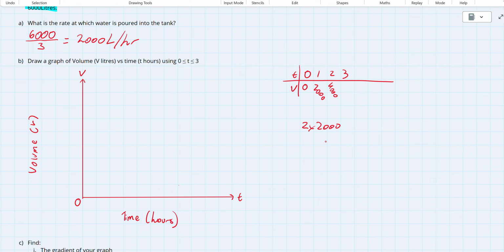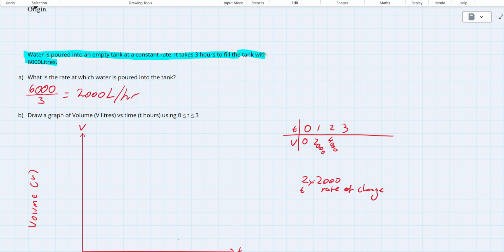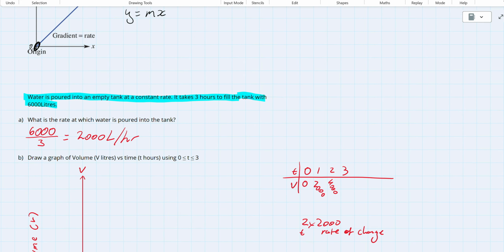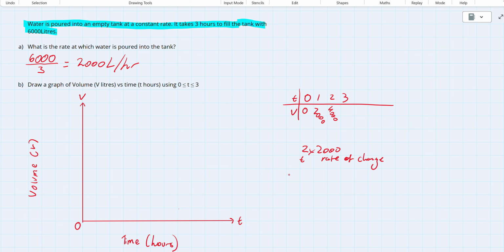And so with this method, 2 times 2,000, this is our T, and this is our rate of change. And our rate of change is actually our gradient. Remember up here, we said the gradient of the graph equals the rate of change. So if we were to swap this around, our volume is equal to our gradient multiplied by time, which is actually in the form of y equals mx.